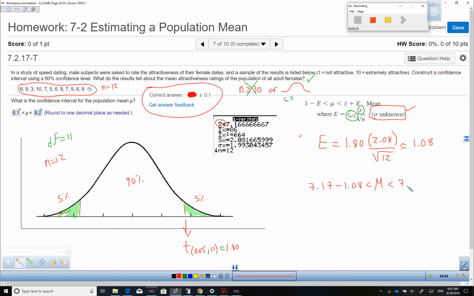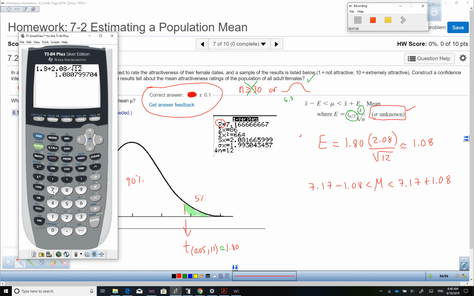My upper limit is 7.17 plus 1.08, and if we do that on the calculator, that will be 6.09, and the upper limit will be, let me type second enter and edit this minus symbol and replace it with a plus, 8.25.